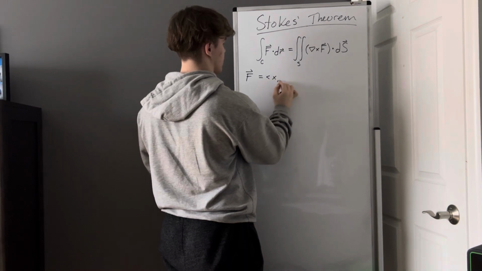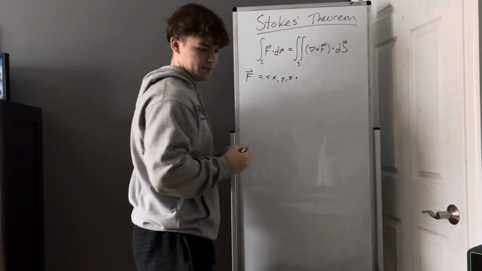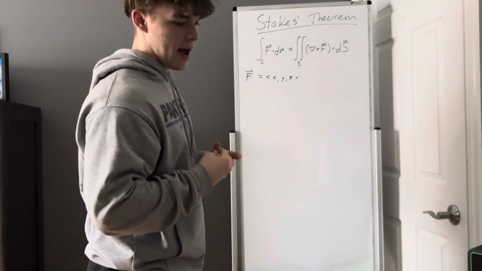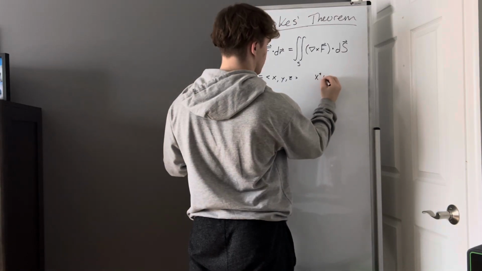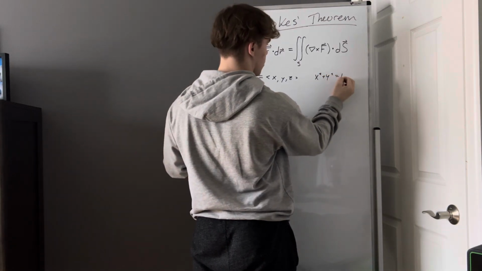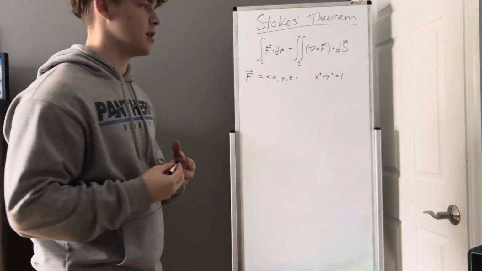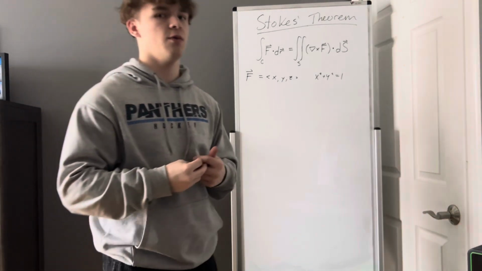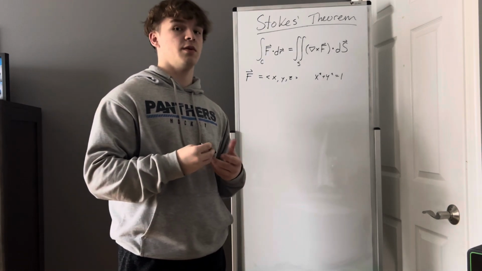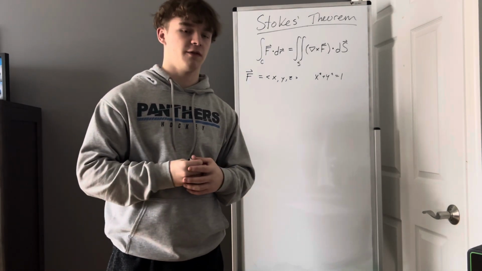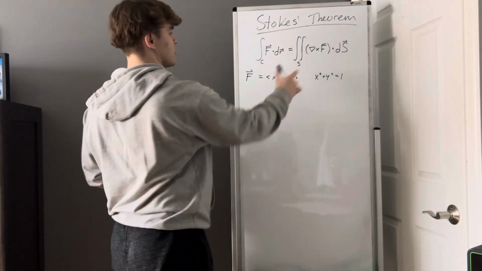It is just x, y, and z. And S is the cylinder, x squared plus y squared equals 1. And z spans from 0 to 10, although we will not need to know this since we will not be actually evaluating the surface integral. So let's use this.